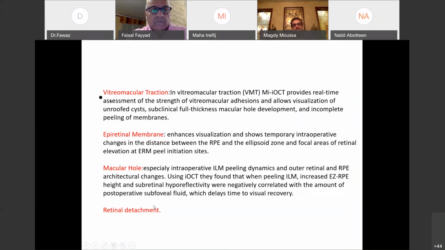The OCT built into the intraoperative microscope provides surgeons with many options during vitreomacular surgery, or even the peeling of a retinal membrane, or in macular hole surgery. And it can also improve the outcome of the surgery.